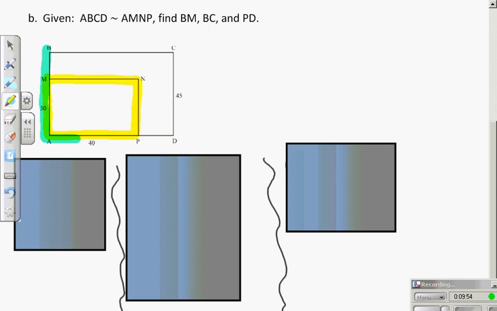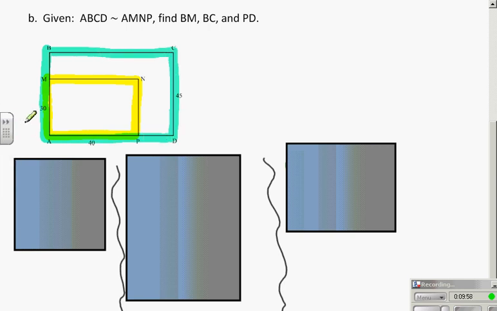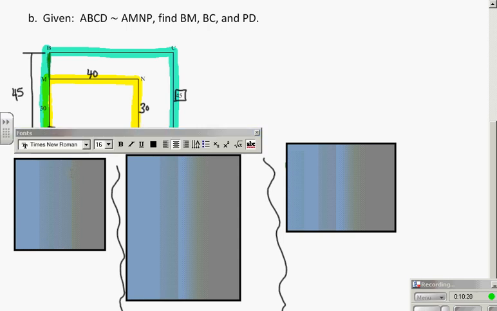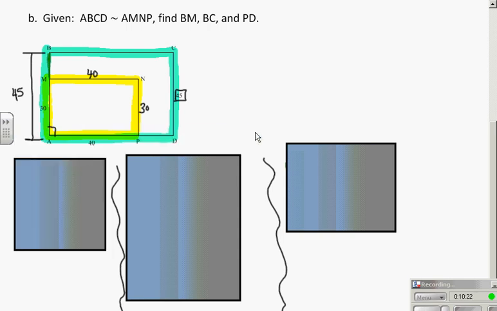In these two rectangles, if they're rectangles, which I'm going to tell you they are, that means that opposite sides are equal. It means that this side over here is also 45, because it is 45 over here. So that makes it pretty clear to be able to find BM, which is our first question.